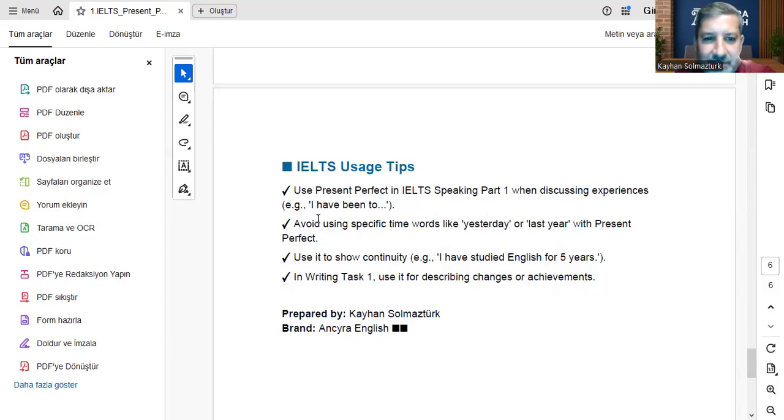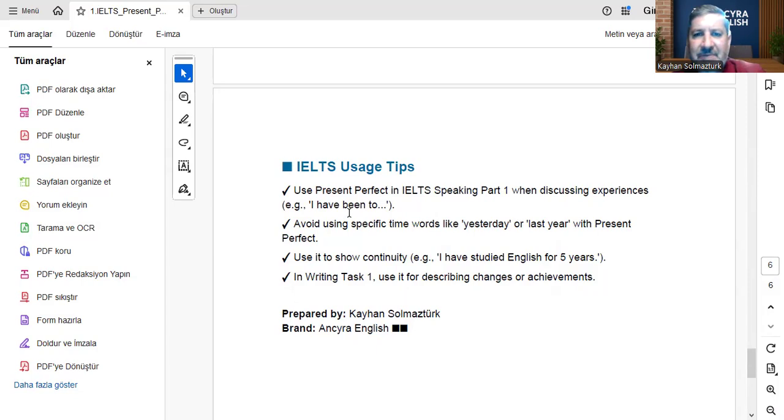For example, it says example given, right? I have been to... For example, the examiner asks you, have you ever been abroad? Have you ever been abroad before? Okay, very good. So, for example, yes, I have.